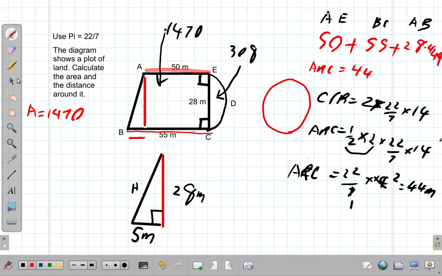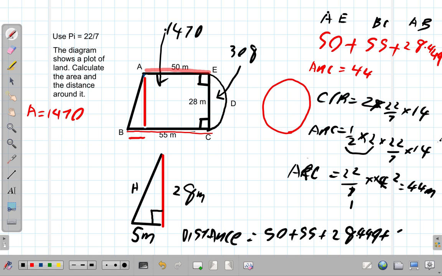So when we're calculating the whole length of everything now, the distance, the distance is 50 plus 55 plus 28.443 plus 44.